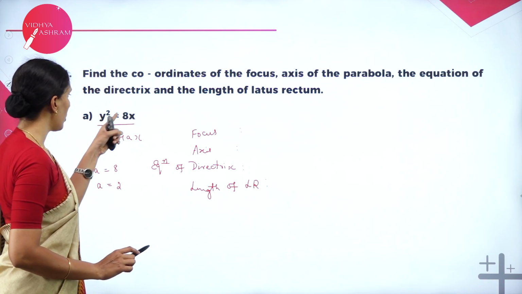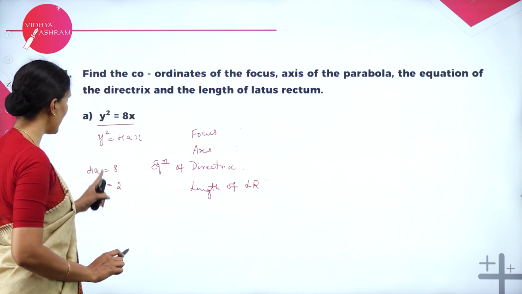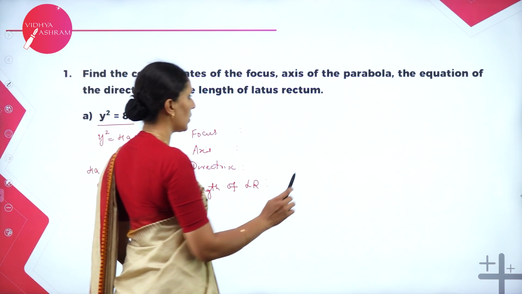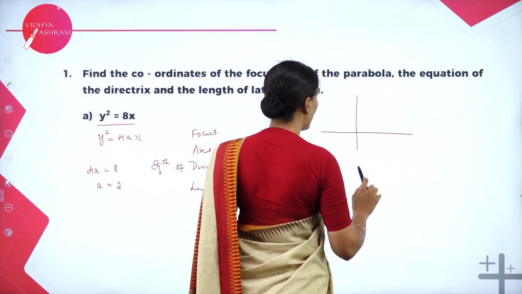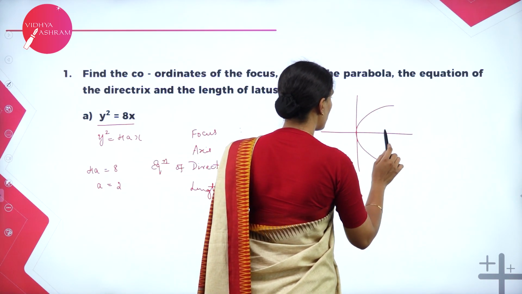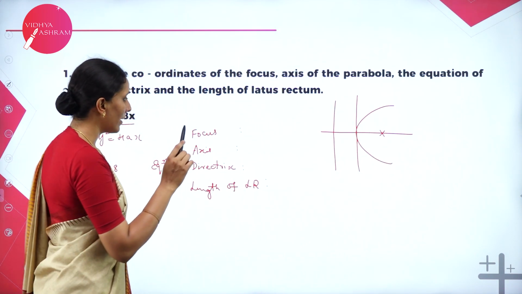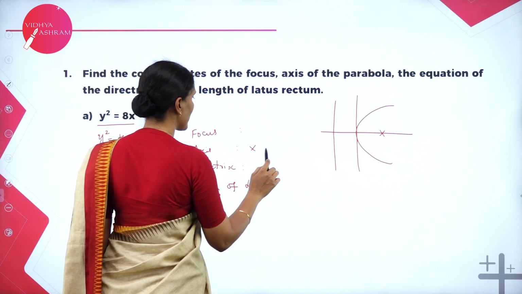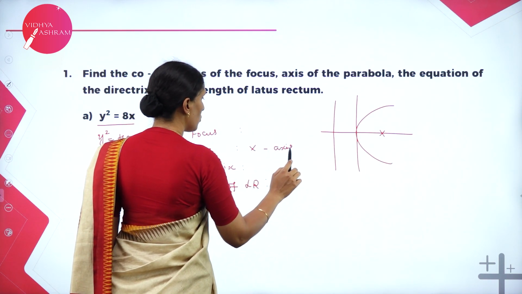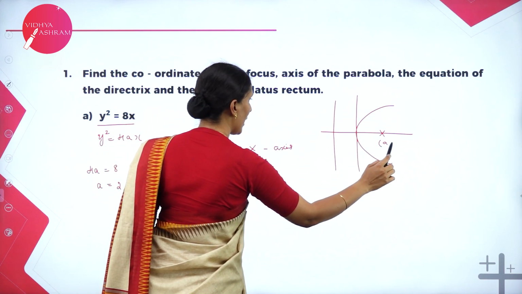So since the equation is positive, that is a is positive, y square is equal to 4ax is a right-handed parabola, which means focus on positive side, directrix on negative side, and axis of symmetry is x-axis. So focus will be of the form a comma 0.